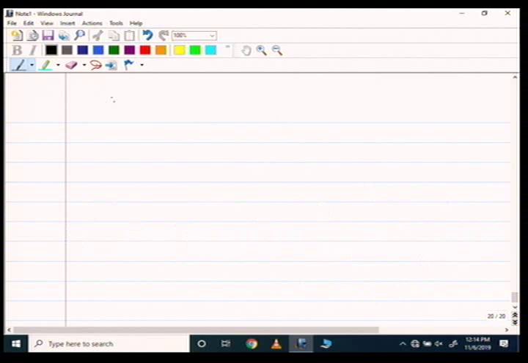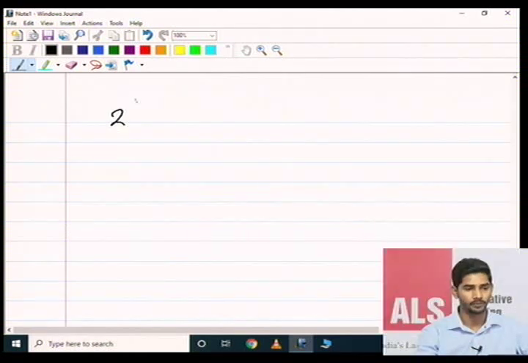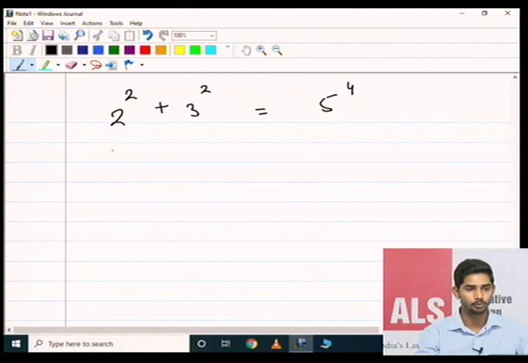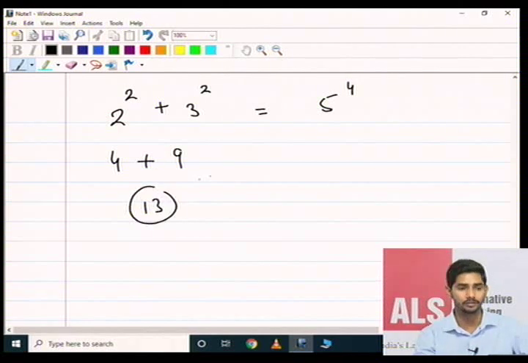Let's check. If I say 2 to the power 2 plus 3 to the power 2, and according to the answer I have got, 5 to the power 988, it means this should also be written like 5 to the power 4, and they must be equal when I solve it. So 2 to the power 2 is 4, 3 to the power 2 is 9, so you will get 13.